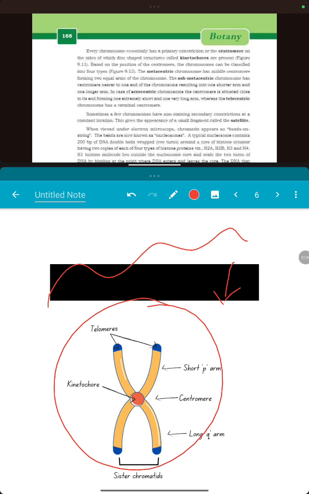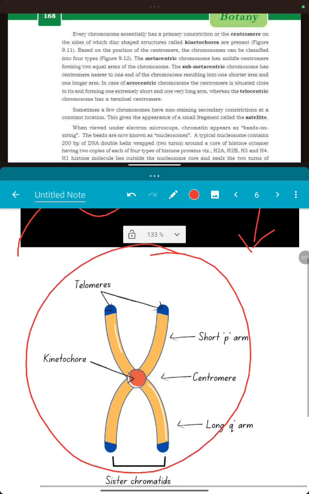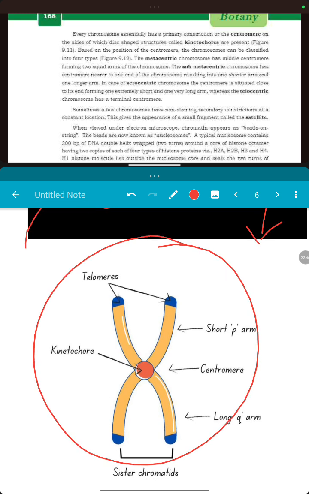Every chromosome essentially has a primary constriction, or centromere, on the sides of which disc-shaped kinetochores are present. This is the centromere, and it is all DNA. At the centromeres, some different sequences are present, known as satellite genes.